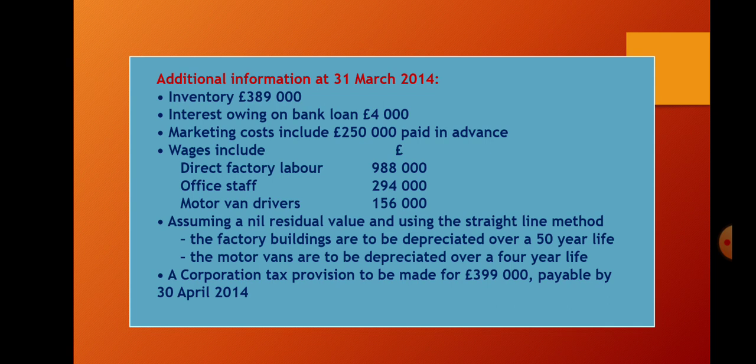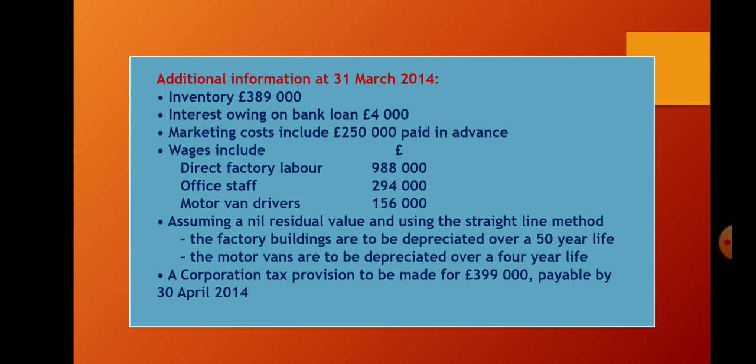Okay. The next is depreciation. Assuming a nil residual value and using the straight line method. So here we have to use straight line method, remember. So straight line method means we need to calculate the depreciation as cost over estimated life of asset. So first one is factory building. The factory buildings are to be depreciated over 50 years life. And the motor vans are to be depreciated over 4 years life.